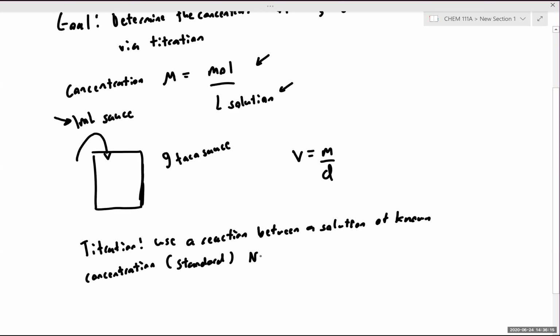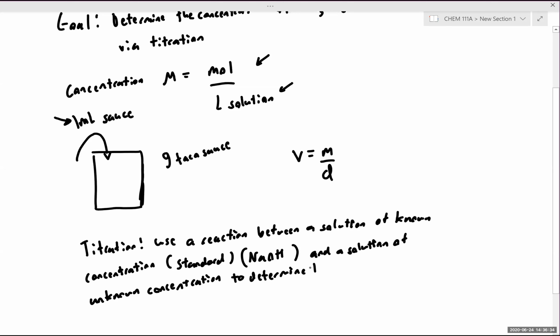In this case, that would be our sodium hydroxide, and a solution of unknown concentration to determine the concentration of the unknown solution.